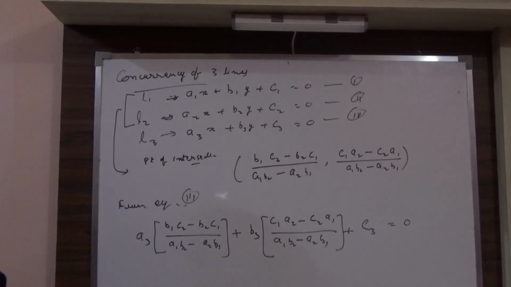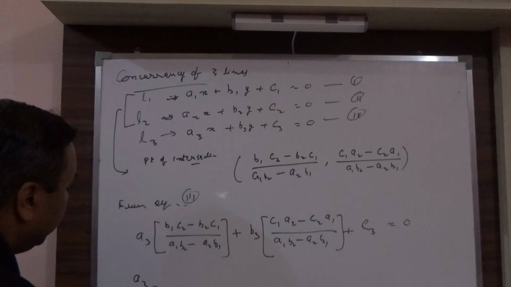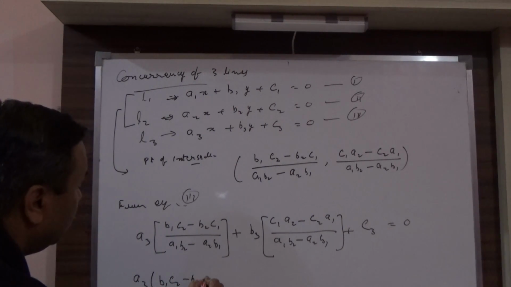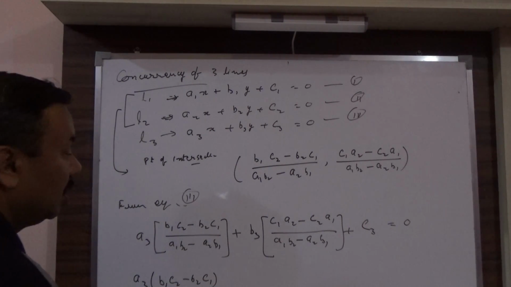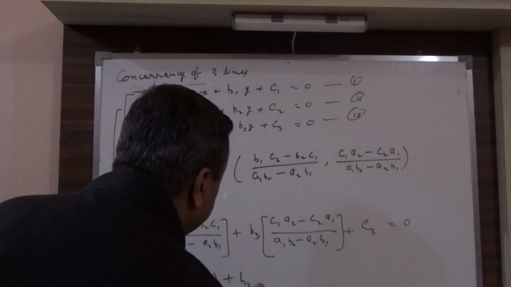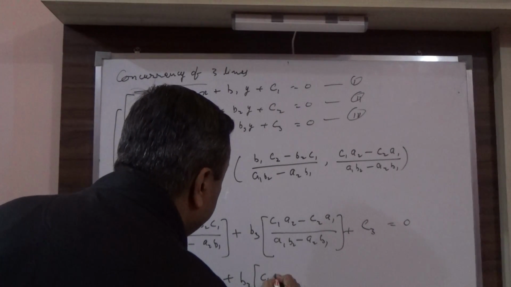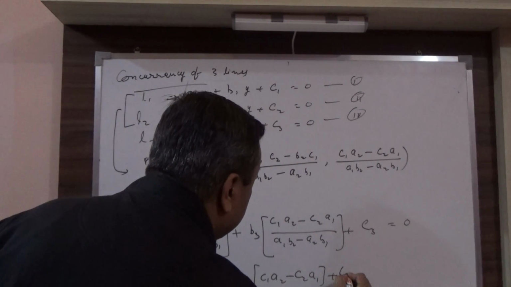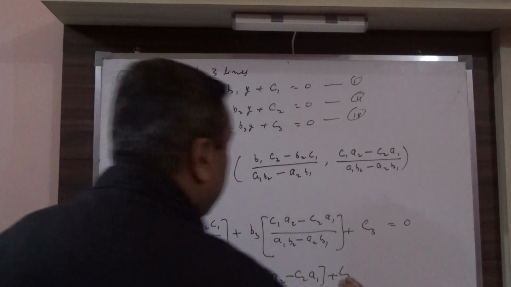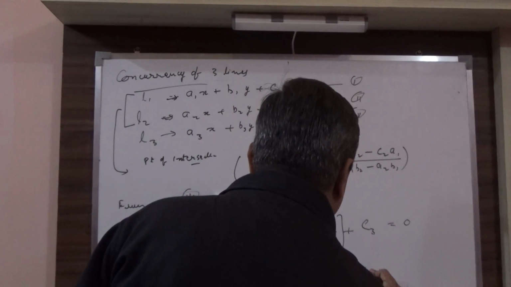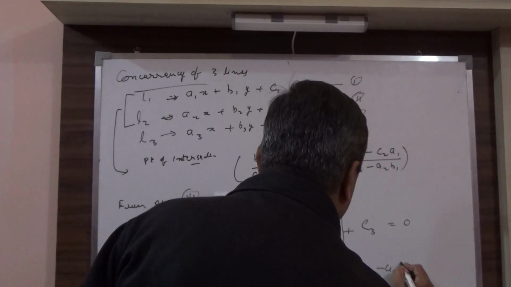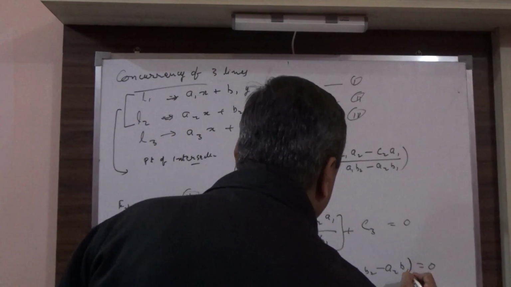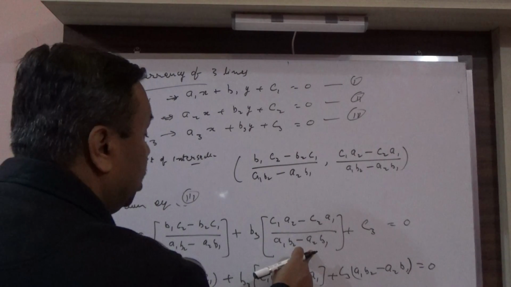On the left hand side it will be A3 multiplied by (B1C2 minus B2C1), plus B3 times (C1A2 minus C2A1), plus C3 times (A1B2 minus A2B1), and this is equal to 0. Why? Because I have multiplied all the terms with this.